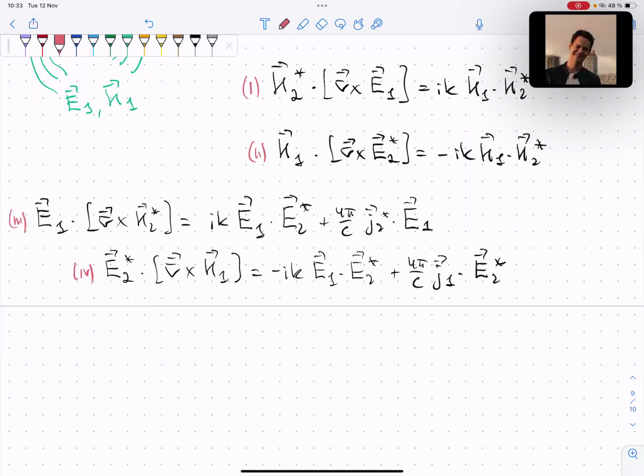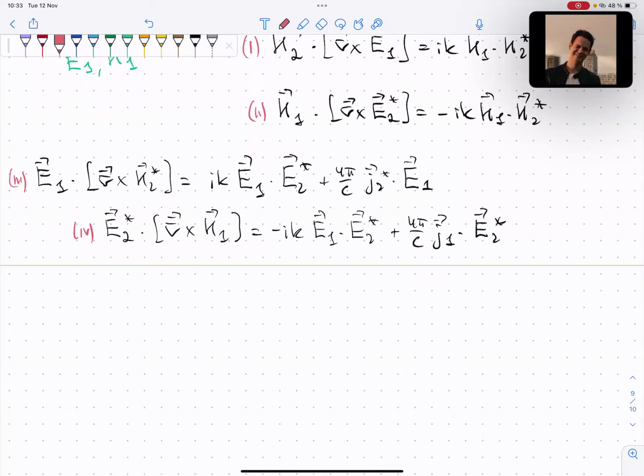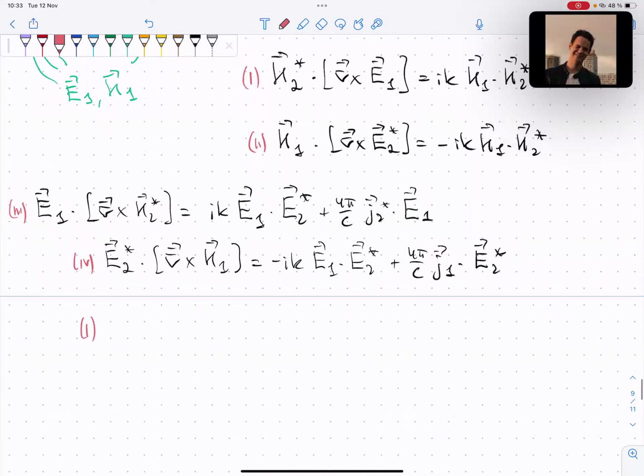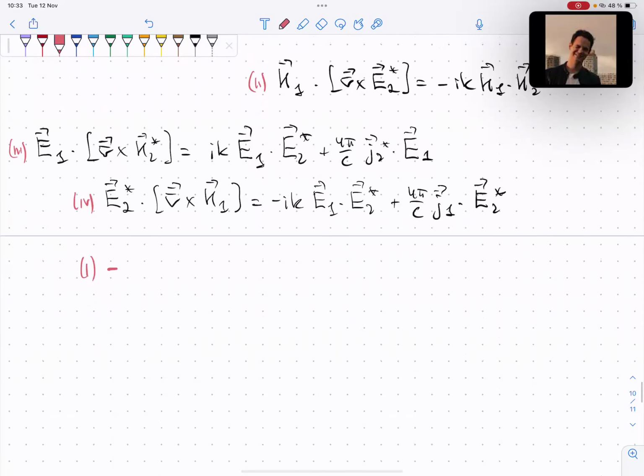And basically what we are doing right now, we take the first equation and sum it up with the second, the third and the fourth equation. Maybe I made some mistakes in the signs, but we will check it right now.